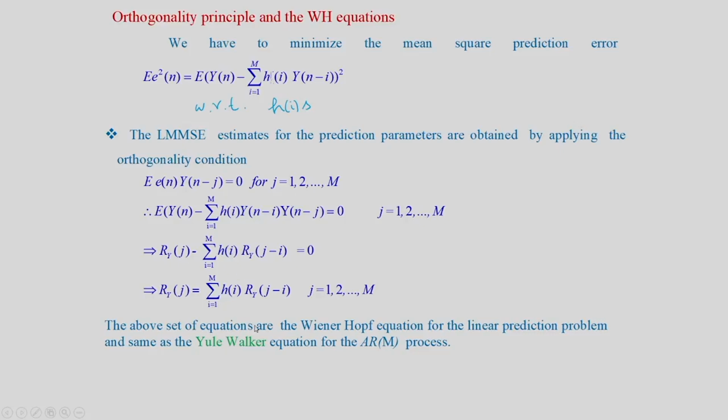The above set of equations are the Wiener-Hopf equations for the linear prediction problem, and are the same as the Yule-Walker equations corresponding to the AR process, because in the AR process also we got the Yule-Walker equations like this: r_y(j) is equal to summation h_i into r_y(j minus i), i going from 1 to m.